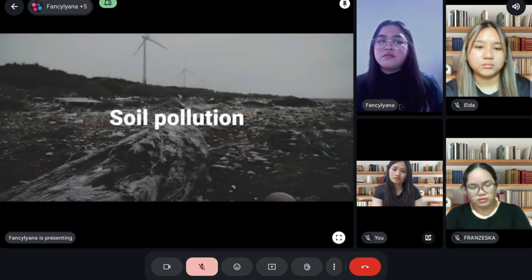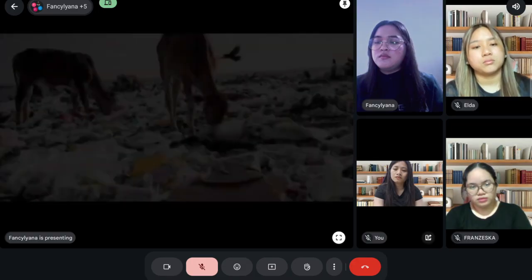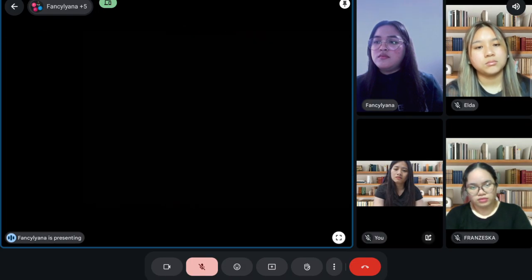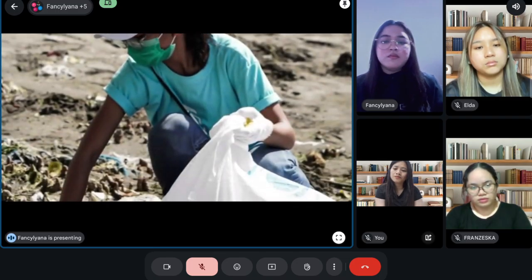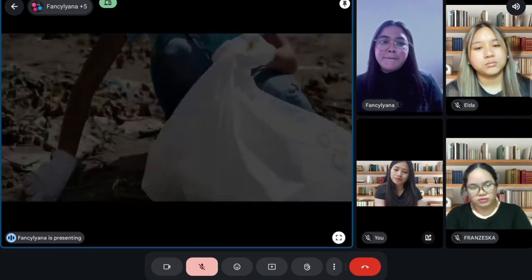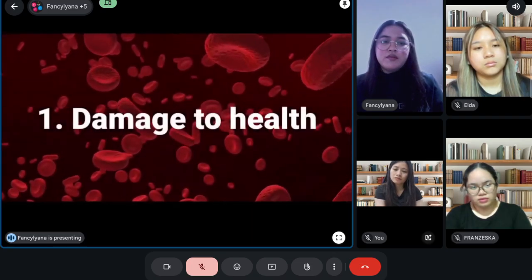Soil pollution. The toxic substances that are deposited on the Earth's surface harm our health and well-being and affect food, water, and air quality. The most important effects of soil pollution according to IPBES and the FAO are indicated below. 1. Damage to health.